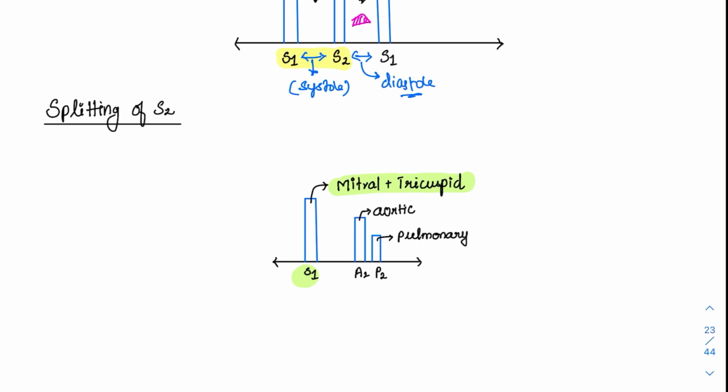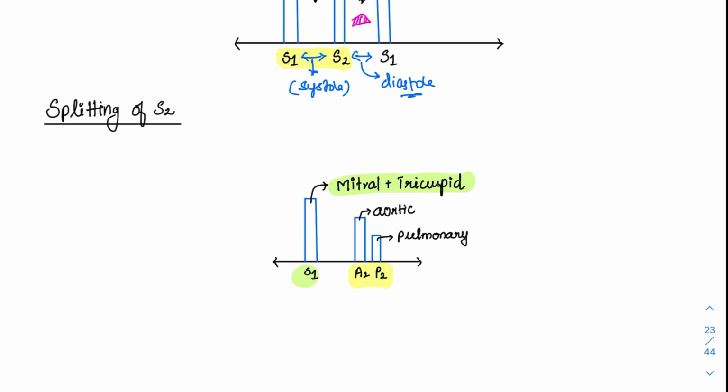The second heart sound is by which valves? It is by the aortic and pulmonary. Usually the aortic valve shuts faster than the pulmonary, because the pulmonary circulation has a little less pressure, so it takes a longer time to shut the valve. So the valve sounds are A2 and P2, and this physiological splitting is seen in one condition.